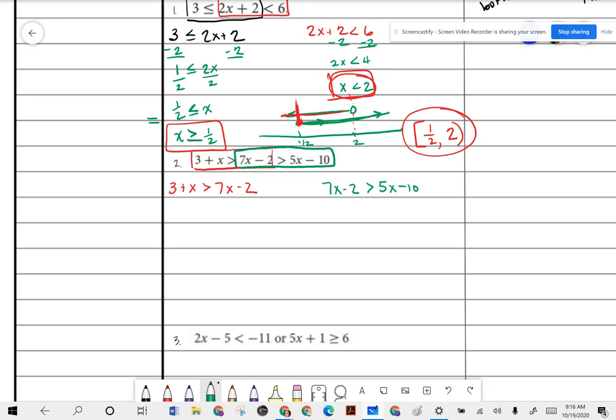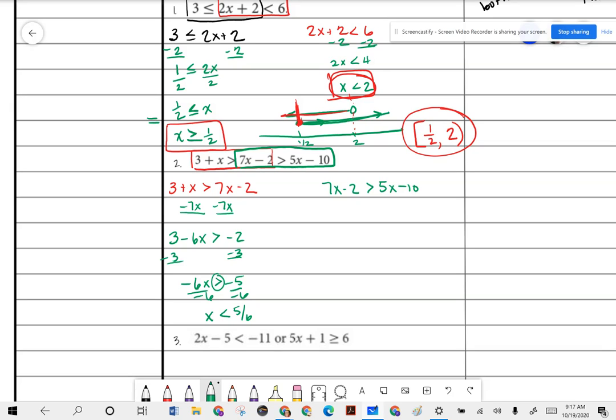All right, so now we are going to subtract 7x. So I get 3 minus 6x is greater than negative 2. Subtract 3. So we have negative 6x is greater than negative 5. Divide by negative 6. So I get x, we have to flip the sign, is less than 5/6.